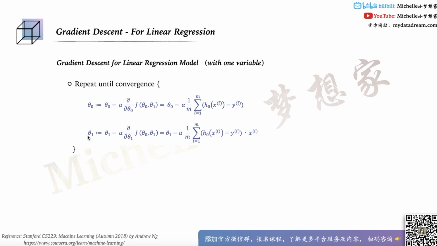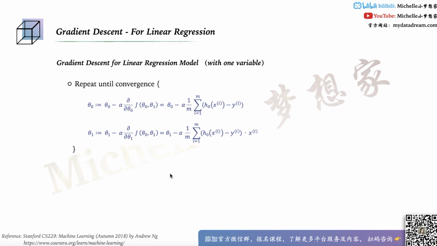And for each iteration, we update the values of theta 0 and theta 1. We still need a learning rate alpha, and we use it to scale the value of the cost function's derivatives at each step. I don't know if you already noticed, but we are still following the same basic gradient descent formula we talked about earlier.